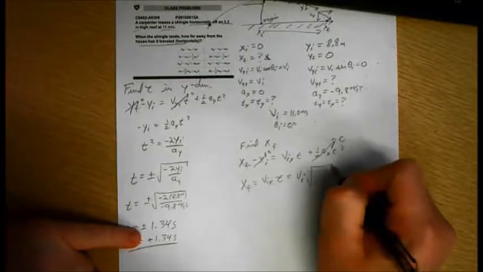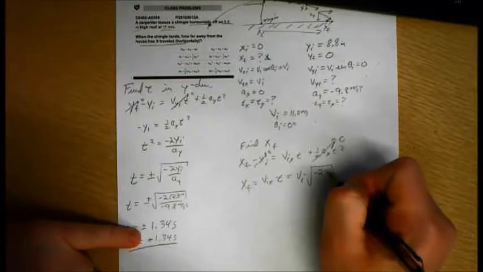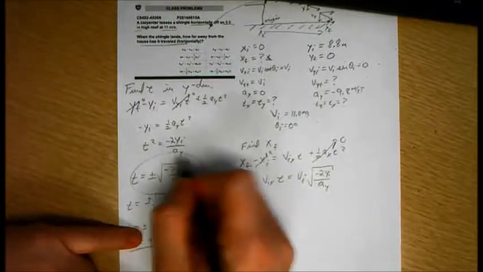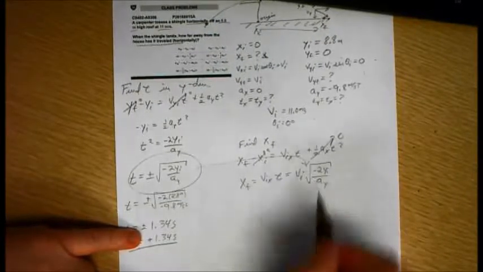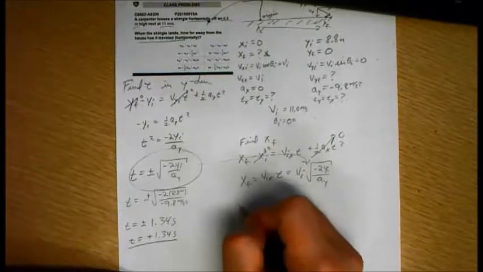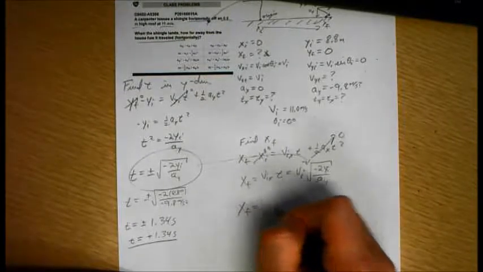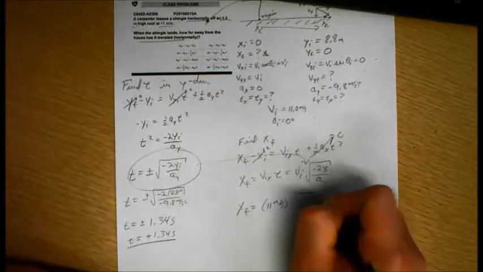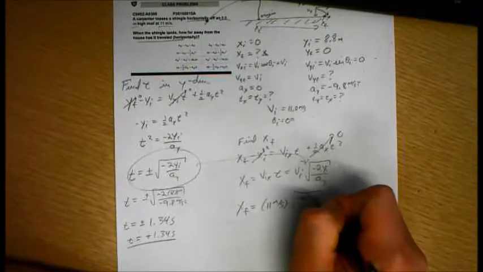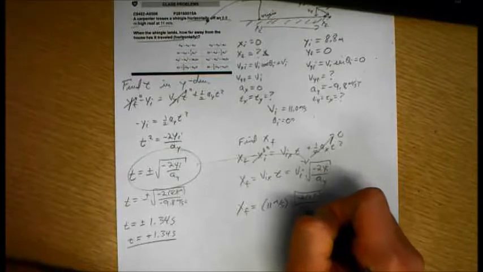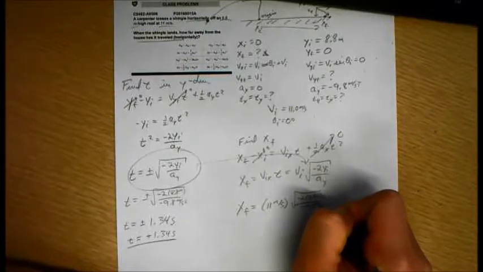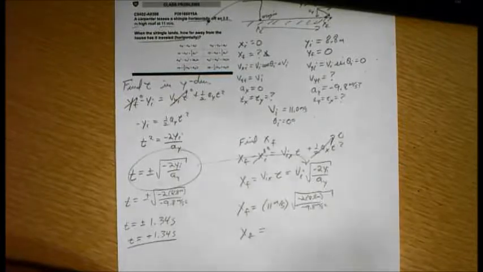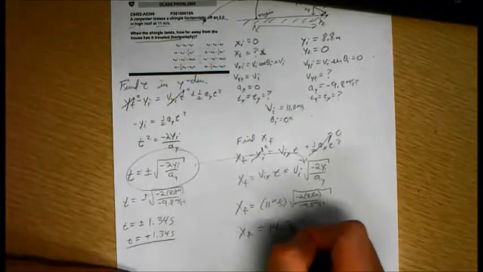And I'm going to go ahead and throw this in symbolic terms so you get used to seeing that, noting that only the positive solution is used. So x final equals V initial, 11 meters per second, times the square root of negative 2 times 8.8 meters over negative 9.8 meters per second squared. X final then equals 14.7 meters.